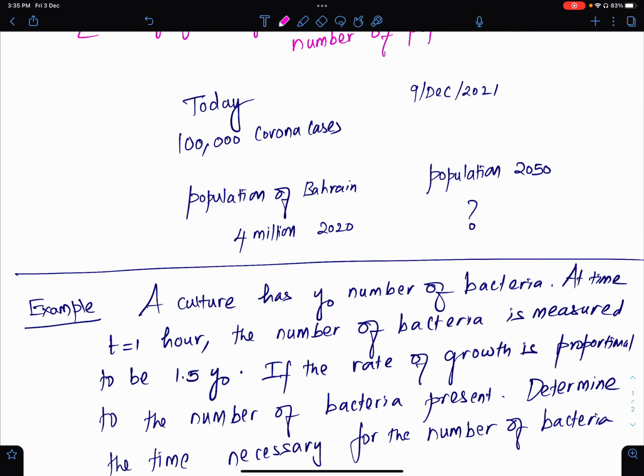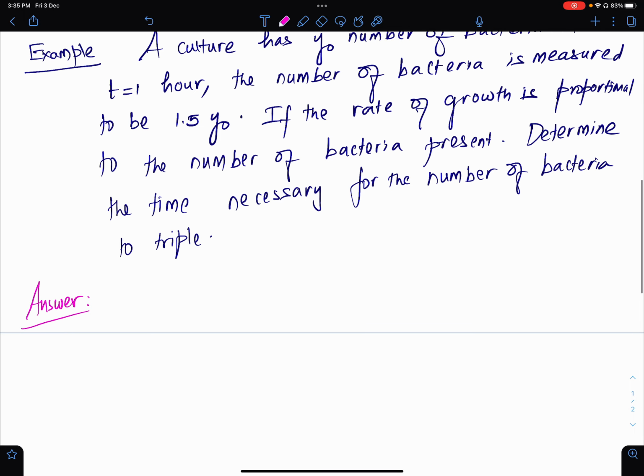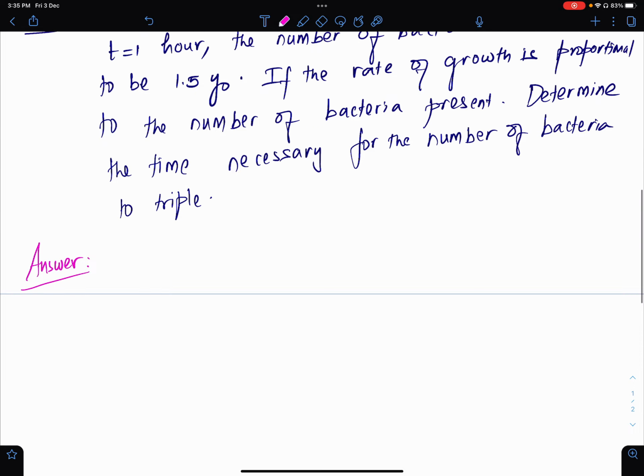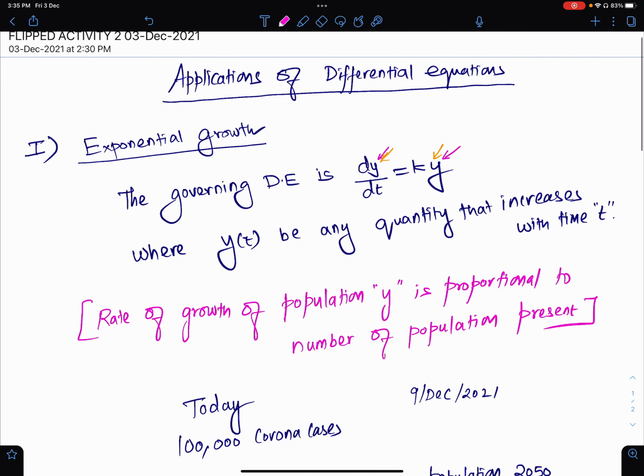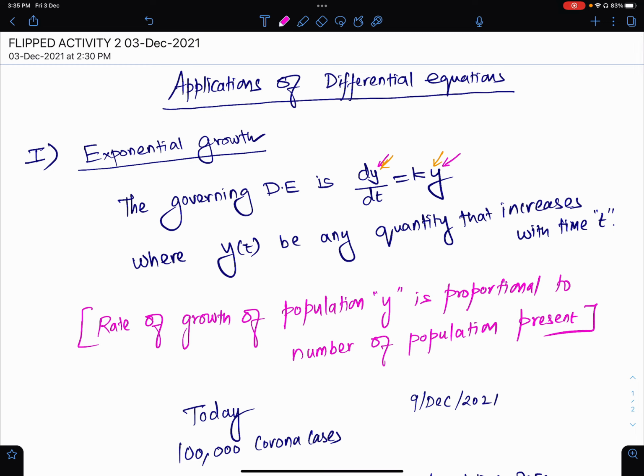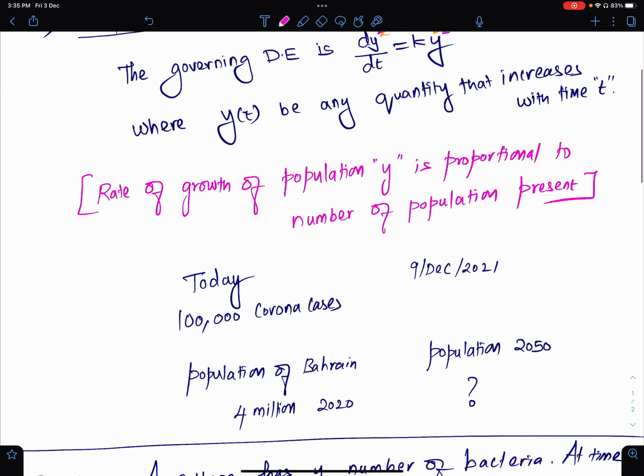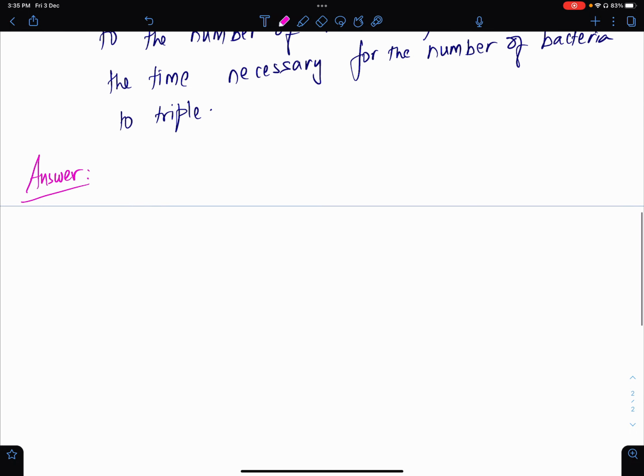Under the above differential equation there are two variables, y and t. Y is the dependent variable and t is the independent variable; y denotes the number of population at some time t, and small t stands for time.